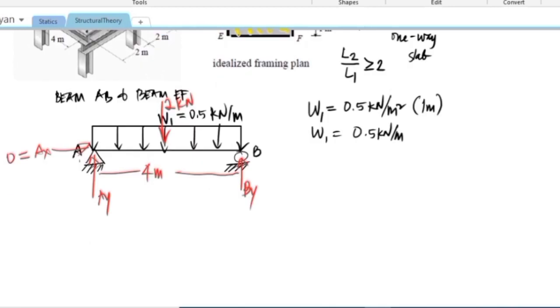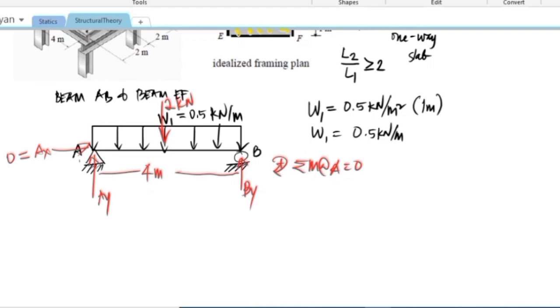Okay, so if we are going to compute for the reactions at AY and BY, what we are going to do is summate moments. Summation of moment at point A is equal to 0, taking the clockwise direction as positive.